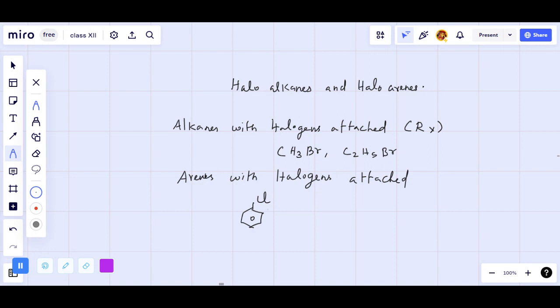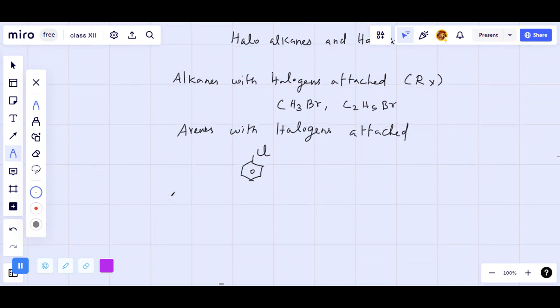So why do we learn haloalkanes and haloarenes, and what is the use of these compounds in our daily life? Let's see why. It is used as a solvent.